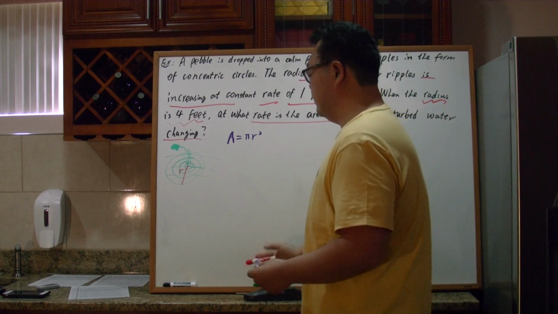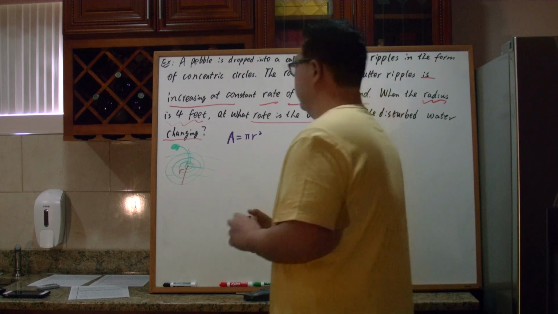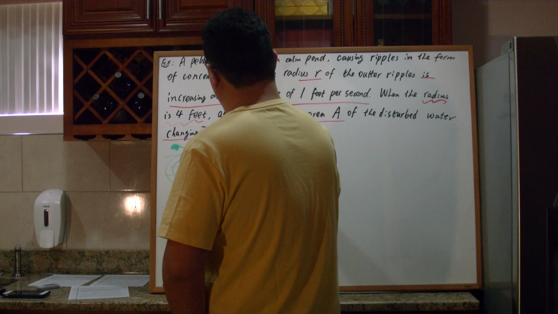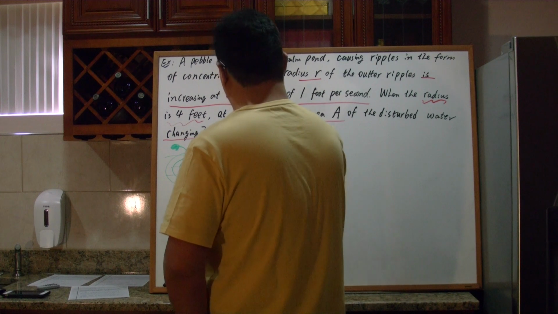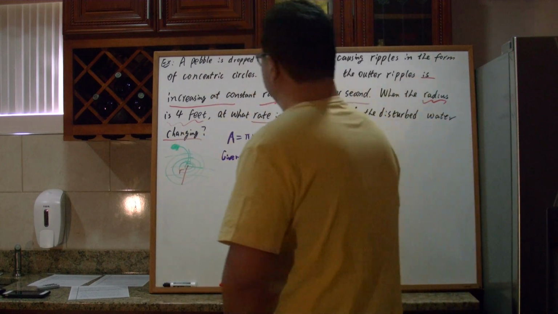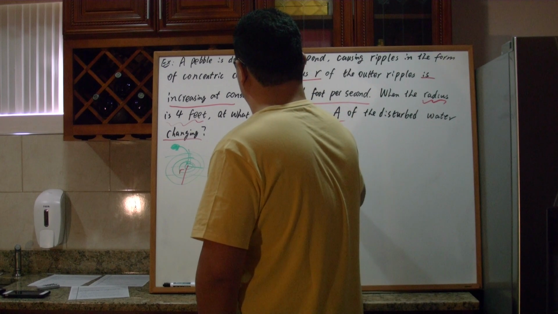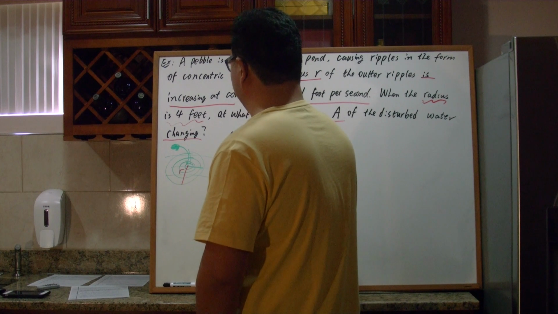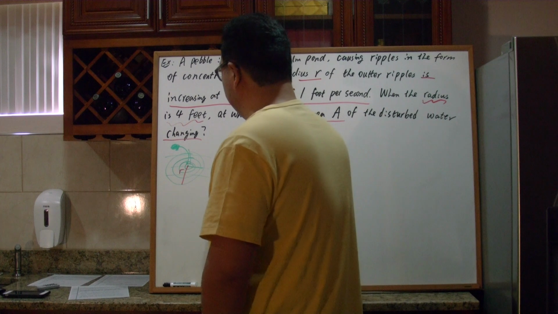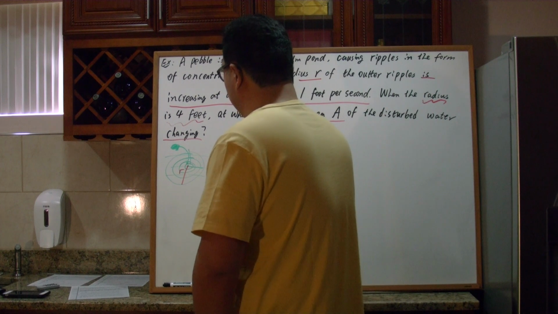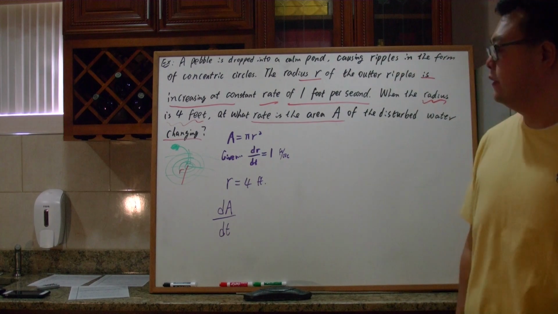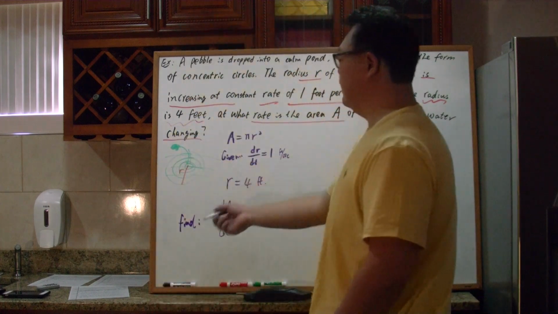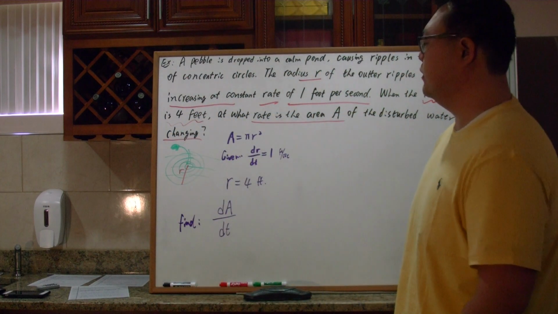Translating into symbols: the rate of change of the radius is 1 foot per second, keeping the unit. Also, the radius is 4 feet. We're asking for the change of area as time changes. That's the given and the find.